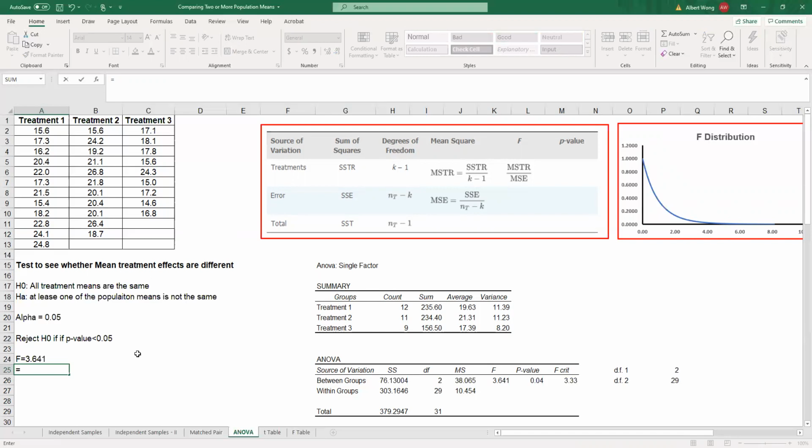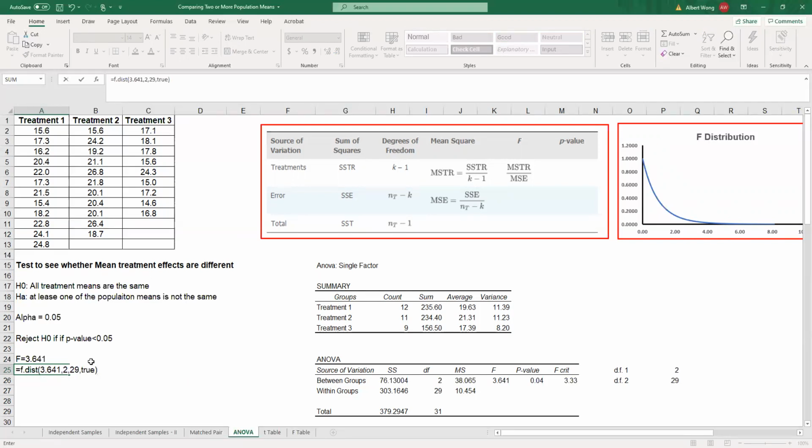How do we do that? We say equals F.DIST, right, and 3.641, and then you have to specify the 2 degrees of freedom, degree of freedom 1 and degree of freedom 2. So in this case, it's 2 and 29, and then cumulative, right?